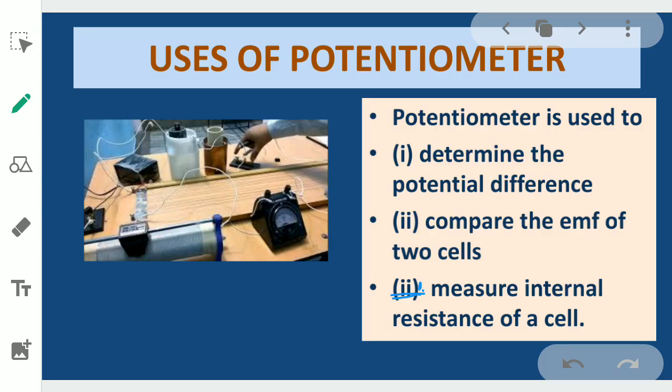So far we have discussed two important applications: determining the potential difference between 2 points of a resistance wire, and comparing the electromotive force of two cells. These 2 points we have already discussed. So today we will discuss the measurement of internal resistance of a primary cell.